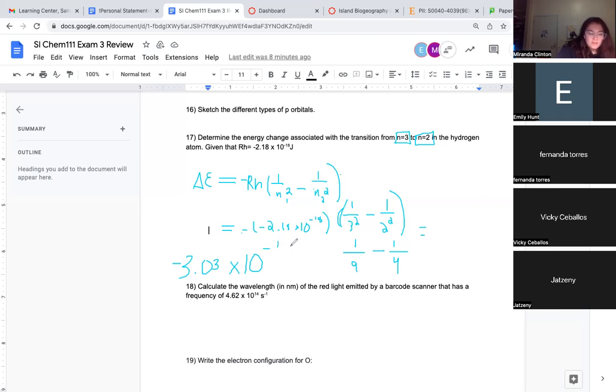10 to the negative 18th is what I got, joules. Did you guys get that? I'm making sure because I know you guys were struggling with this one in particular.